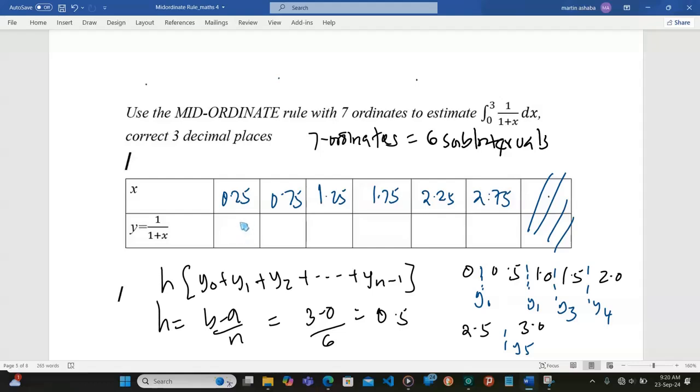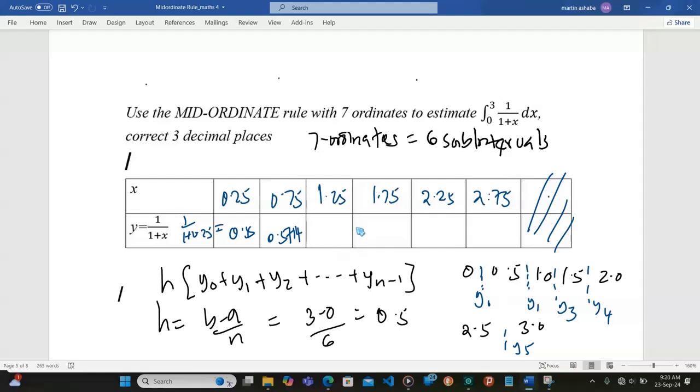Now, we are going to substitute each of these values into this function. If I substitute 0.25 in place of x, I have 1 divided by 1 plus 0.25, and this gives me 0.8. If I substitute 0.75, it gives me 0.5714.